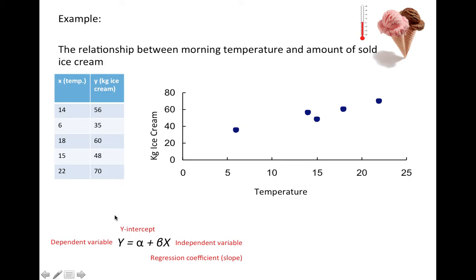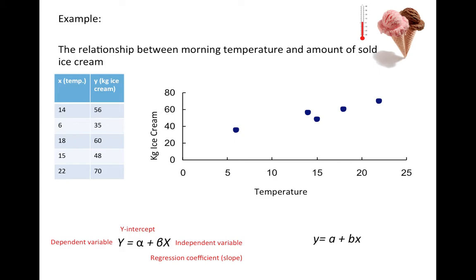This equation describes a population, but as usual, we have a sample and we have to estimate the population's equation using the data from our sample. The sample's equation is written in lowercase. We now need to estimate alpha and beta, or a and b.